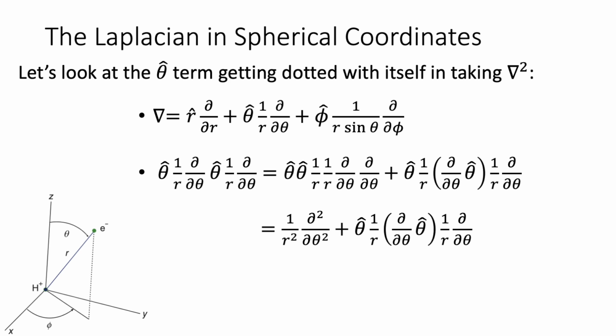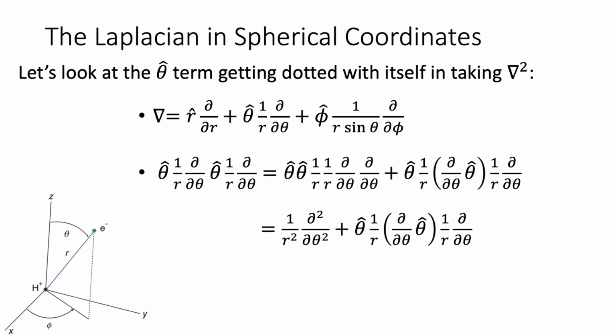And so we look at this, we can simplify the first term easily enough. θ hat dotted with θ hat. Well, any unit vector dotted with itself just becomes 1. And so that goes away. That's just a property of unit vectors. So that goes away. We've got 1 over r squared, and then the second partial derivative with respect to theta is the other part of that term.